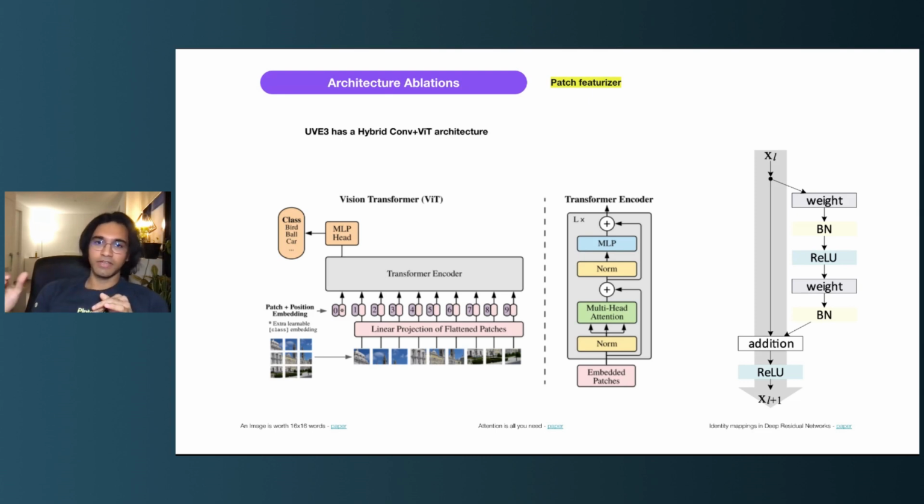In the original ViT paper, once the image is divided into patches, they are projected through a linear projection layer, which gives you a vector representation for each patch of the image. Those vector representations are then passed through the transformer encoder. So instead of using the linear projection, we initially added a small ResNet there to get these patch features for our ViT.